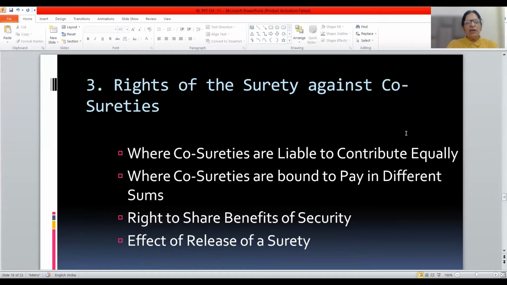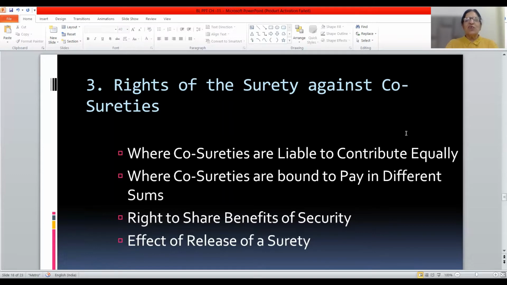Whosoever has been called, Z will have to pay his own share to such person. So, release of one of the co-sureties does not mean release of all. Release means at least that the person who has been so released will not be asked to make the entire payment. But whatever his share, he will have to pay to the person who has paid.